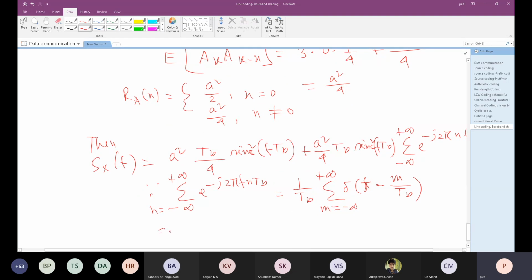Therefore, S_X(f) would be A square T_B by 4 sinc square f T_B, that is the first term, and the second one is A square by 4 delta f.